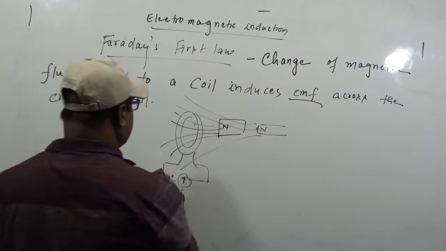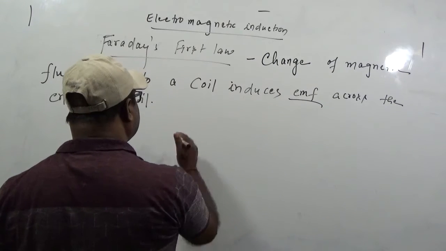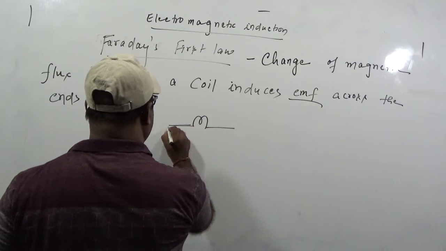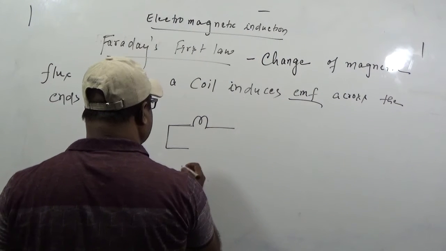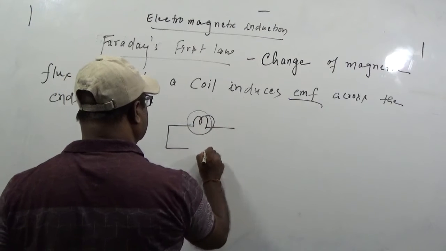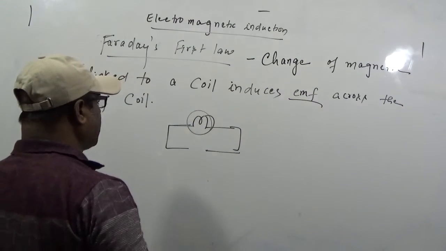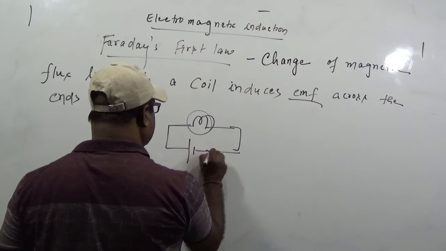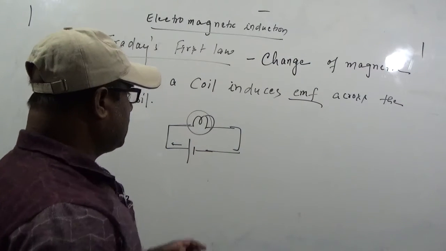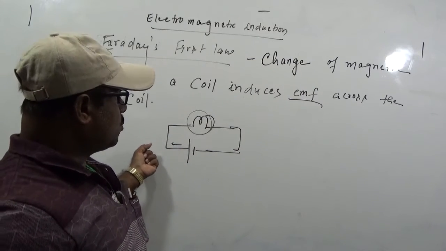If you don't connect the cell, this is a bulb, and here it is a cell. If you don't connect the cell, the bulb will not glow. The circuit is incomplete. If you connect the cell, then the bulb glows. That means this EMF gives the energy to the electrons to move.